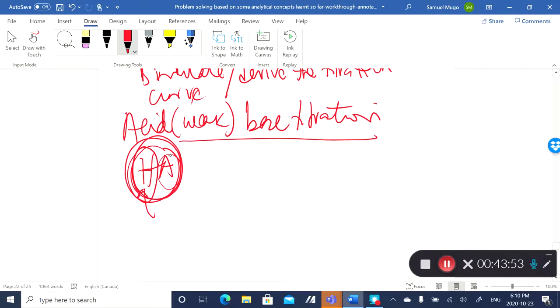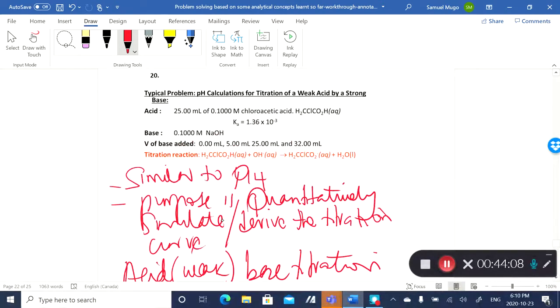It's easier. So this is chloroacetic acid, and that's a symbol that we're going to use for a monoprotic acid. Chloroacetic acid is a monoprotic acid; we've got only one hydrolyzable proton.